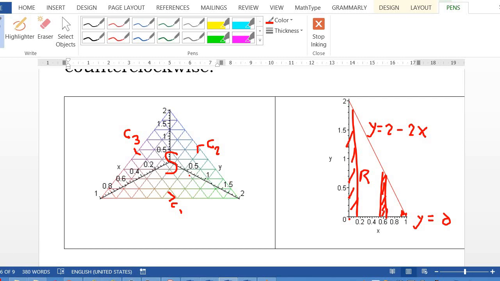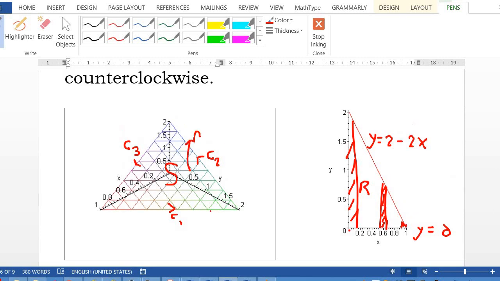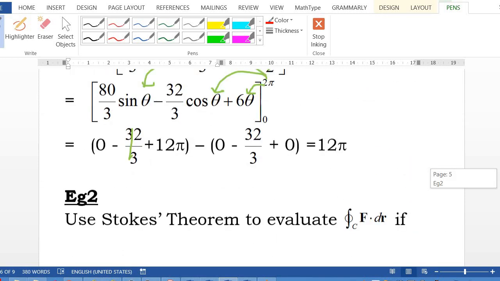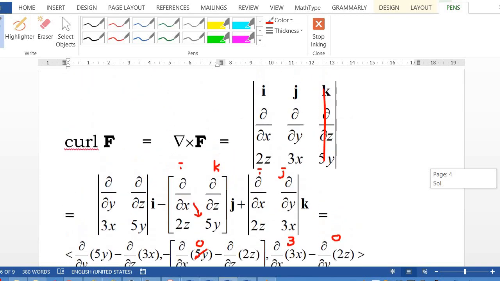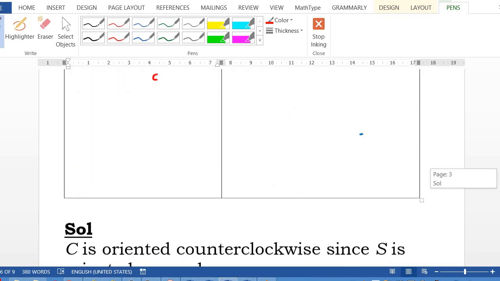If the curve is traversed anti-clockwise, then the unit normal vector will be pointing up. So in this case, n is pointing up. Then instead of evaluating the line integral 3 times, you just need to evaluate the flux integral 1 time.